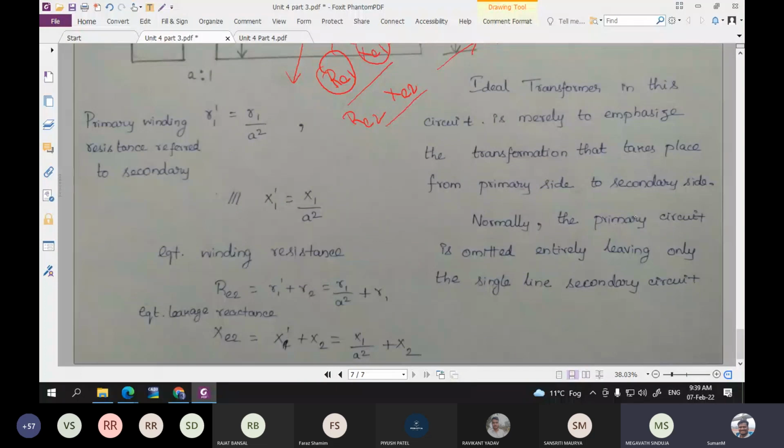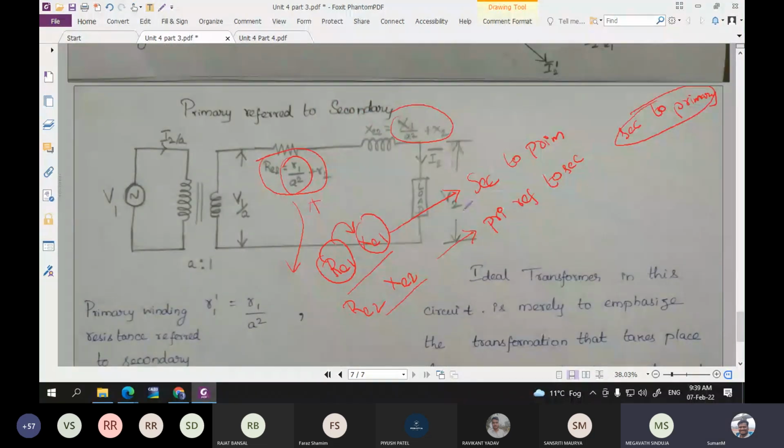So from this, what we have done is, we had an actual transformer supplied with a source, and we had a load on the secondary side. This complete circuit is modified to an equivalent circuit in order to perform the analysis in an easier way.